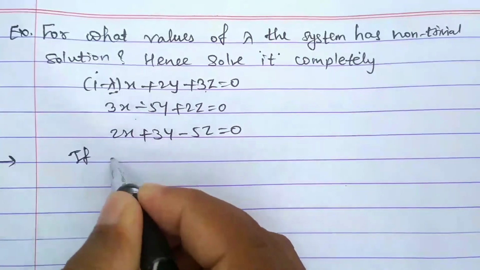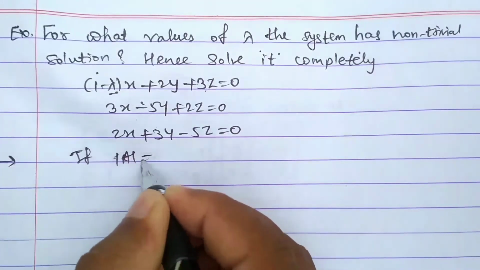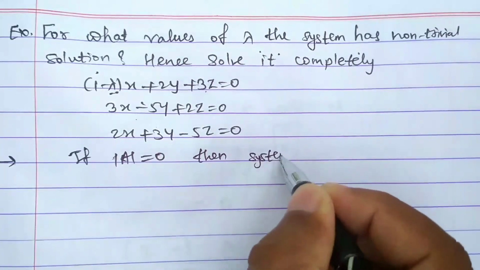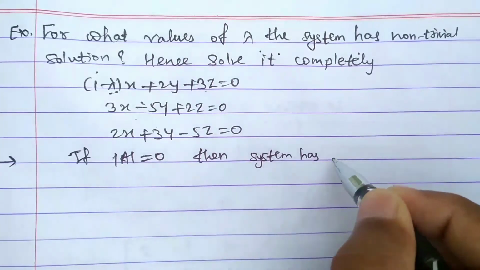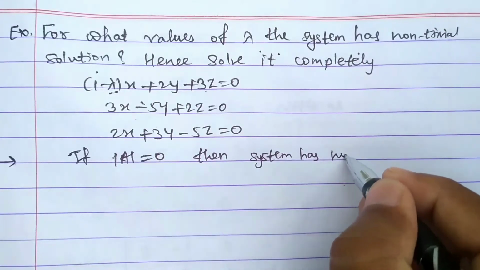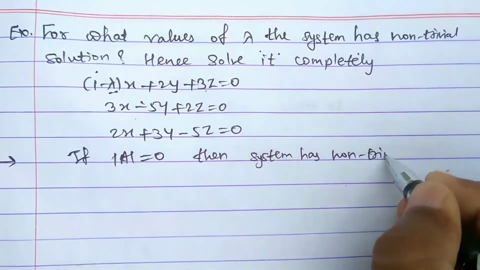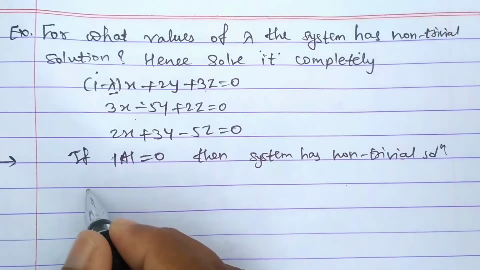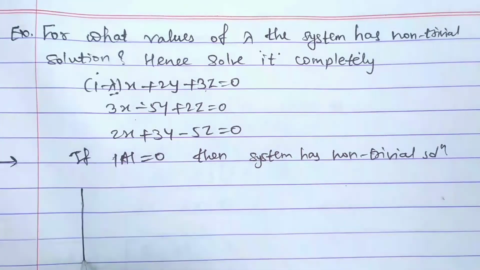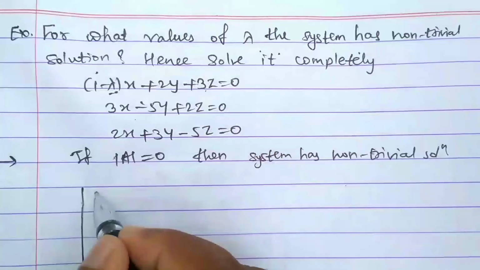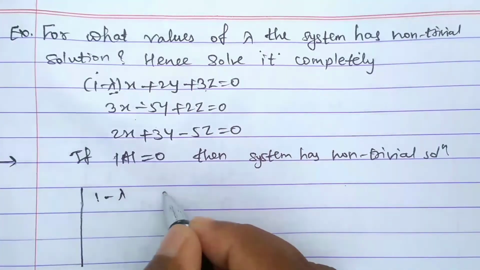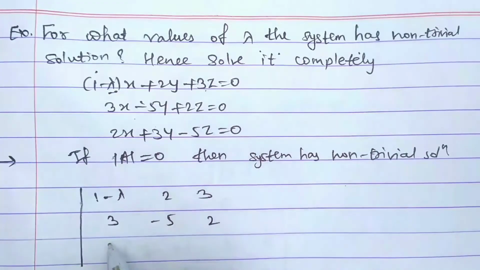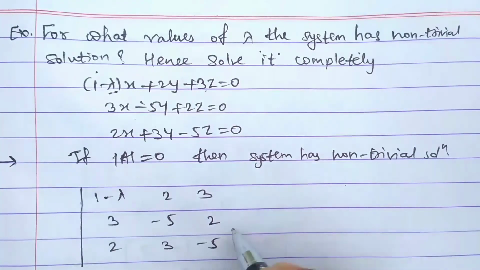If the determinant of A equals 0, then the system has infinitely many solutions or a non-trivial solution. So what is matrix A? Matrix A is the coefficient matrix: 1 minus lambda, 2, 3; 3, minus 5, 2; 2, 3, minus 5.